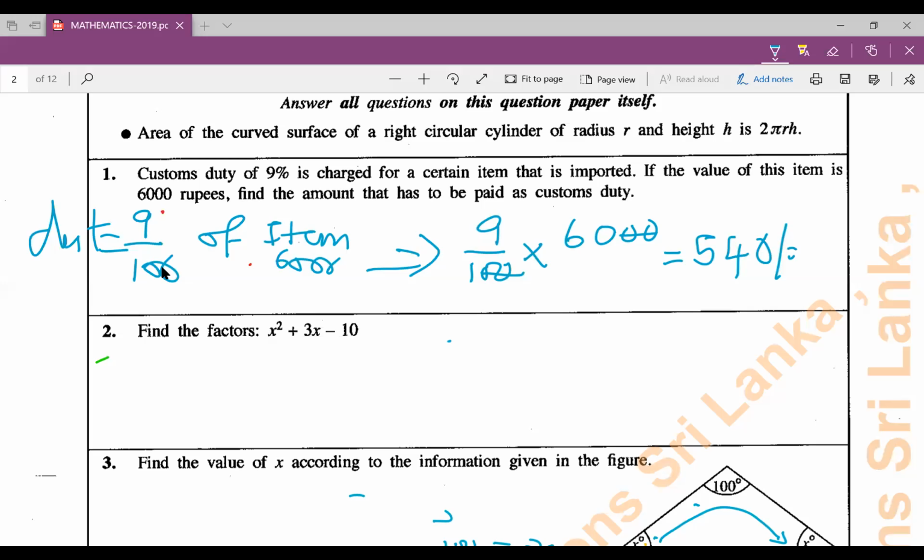So next is: find the factors of x square plus 3x minus 10. Basically, this is a trinomial expression.